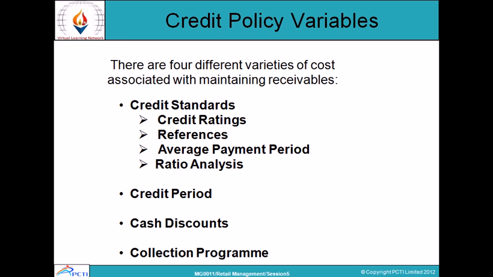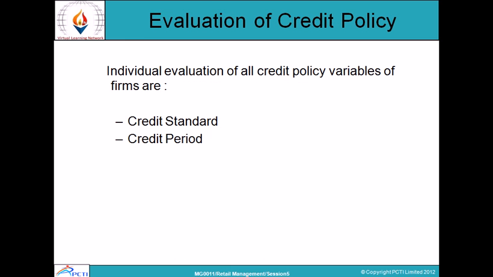Let's move further. Now we'll go to evaluation of credit policy. When I say evaluation of the credit policy, the optimum credit policy is one which would maximize the value of the firm. The value of the firm is maximized when the incremental rate of return on an investment is always equal to the incremental cost of funds used to finance the investment.